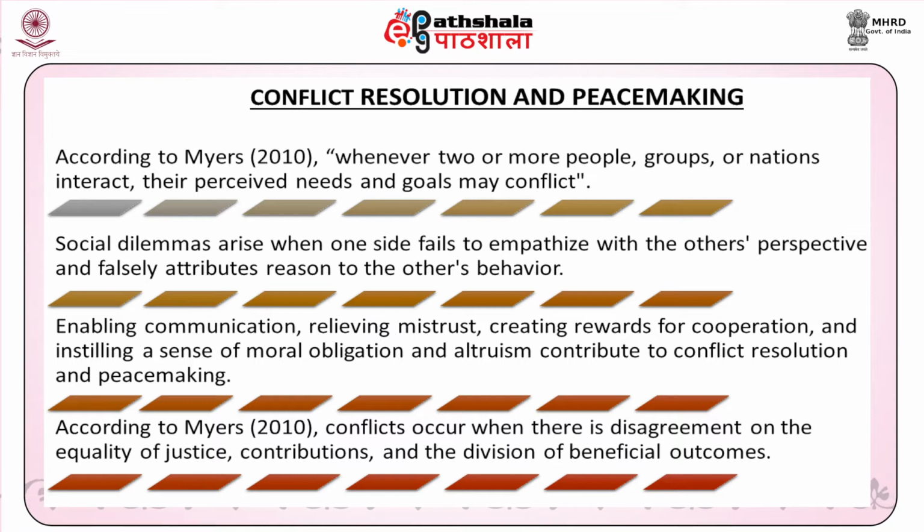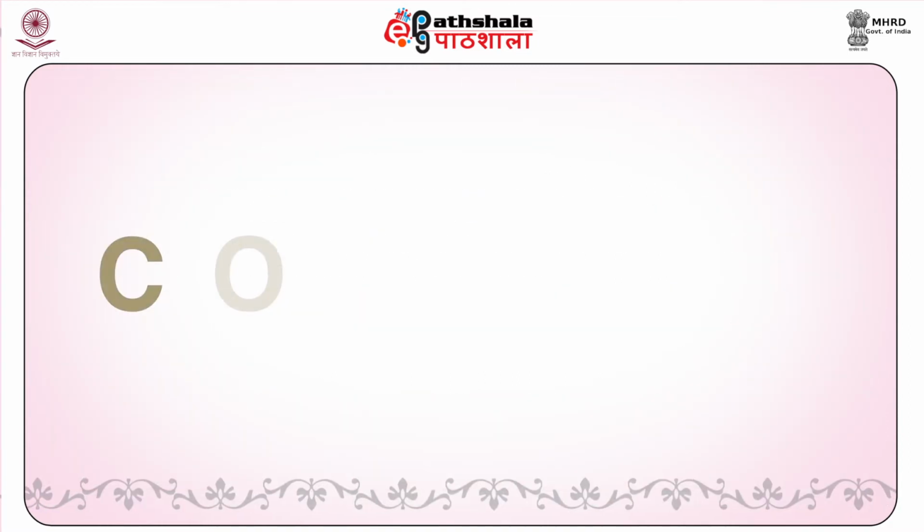Enabling communication, relieving mistrust, creating rewards for cooperation, and instilling a sense of moral obligation and altruism contribute to conflict resolution and peacemaking. According to Myers, conflicts occur when there is disagreement on the equality of justice, contributions, and the division of beneficial outcomes.